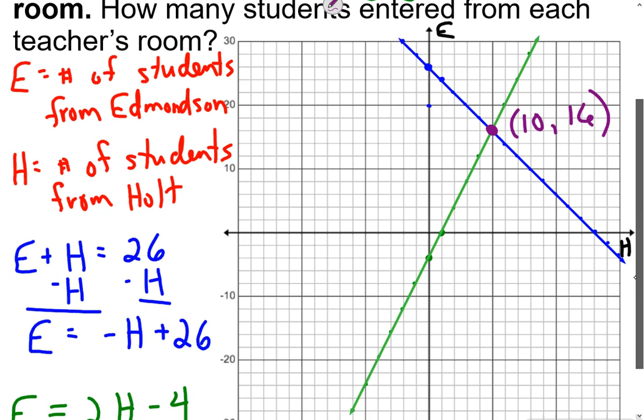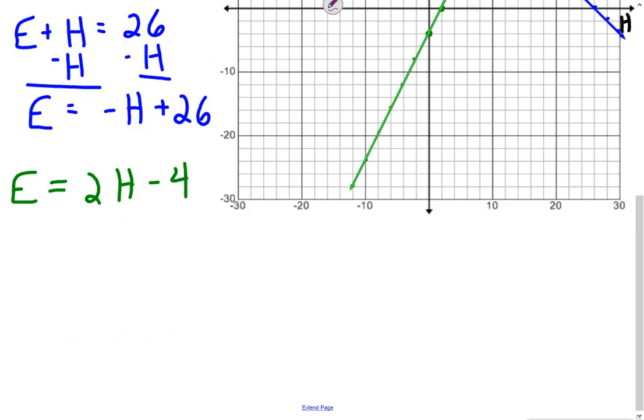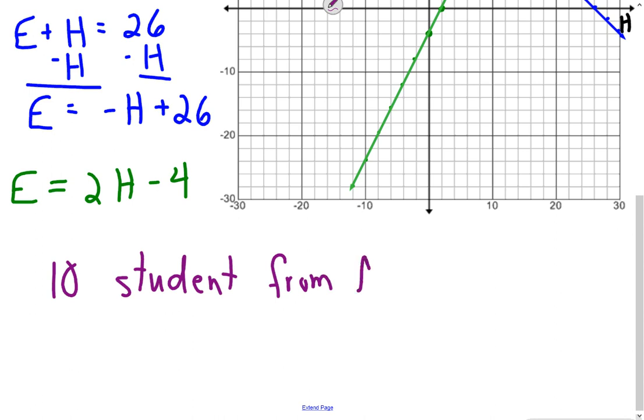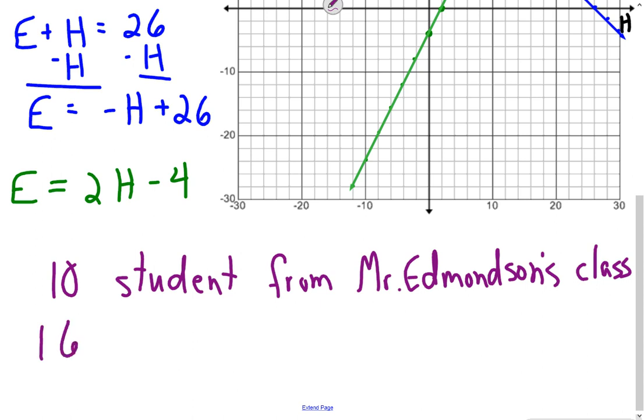So that's telling me that there were 10 for E, so there are 10 students from Mr. Edmondson's class, and the 16 students from Mr. Holt's class.